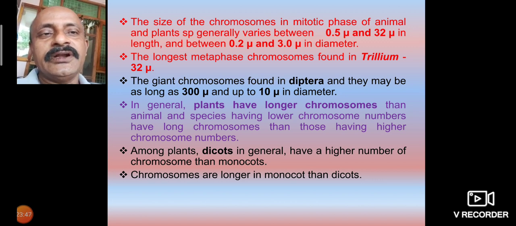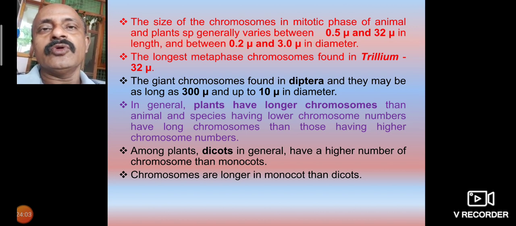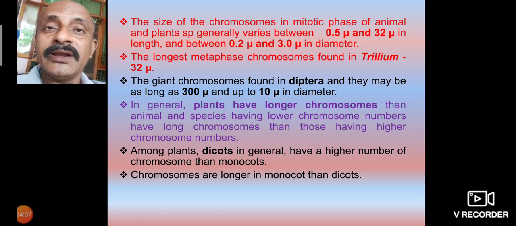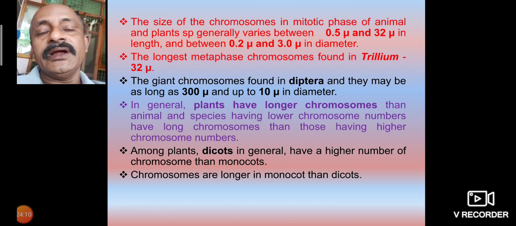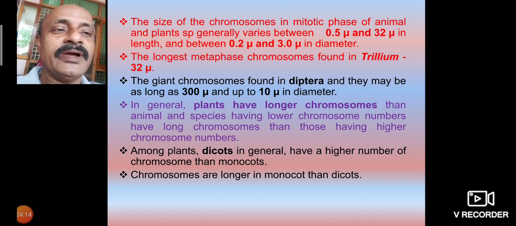Among plants, dicots in general have a higher number of chromosomes than monocots. The chromosomes are longer in monocots than dicots. Monocot plants have longer chromosomes with lower number, but dicots have smaller chromosomes with higher number.